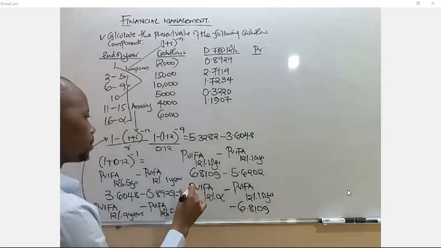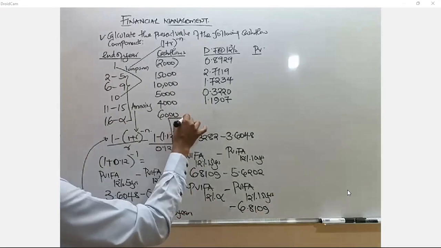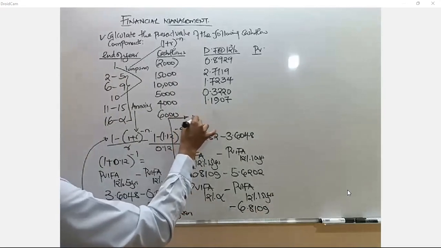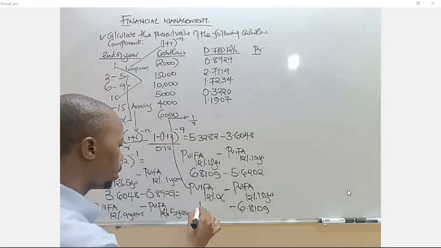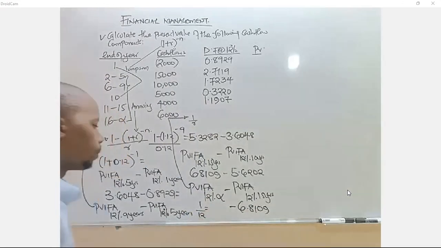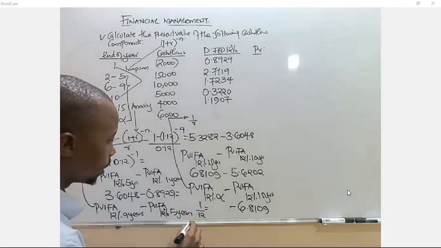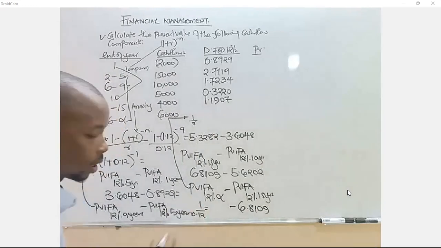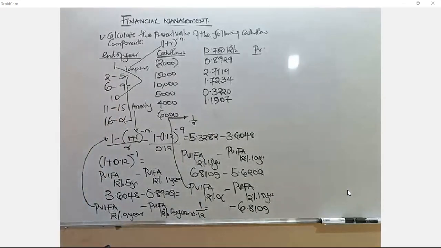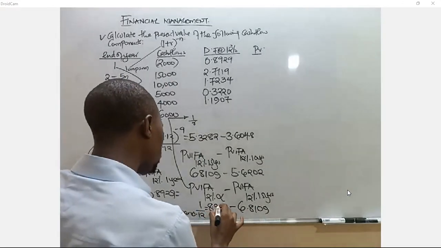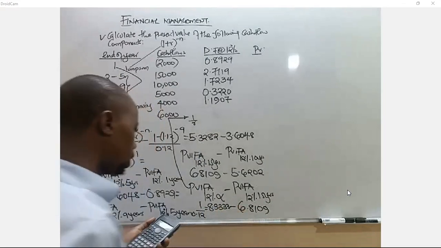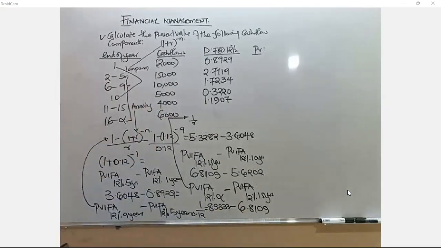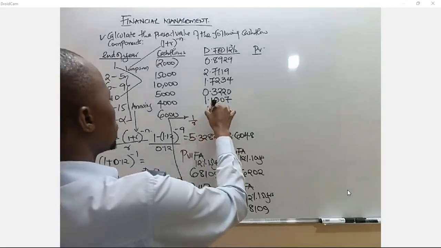If you remember the formula, we take 1 over the rate. In our case, it will be 1 divided by 0.12, which is 8.3333 minus 6.8109.